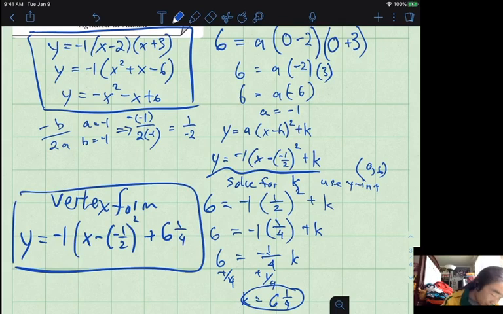I always seem to leave off a parentheses. Okay, we'll get there. We kind of go over this, but there are easier cases for going from standard form to vertex form.